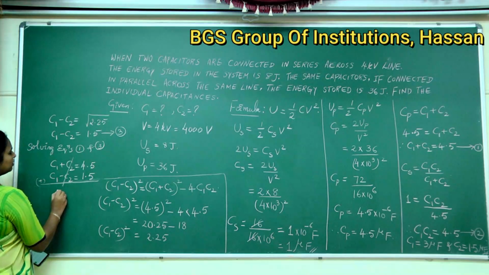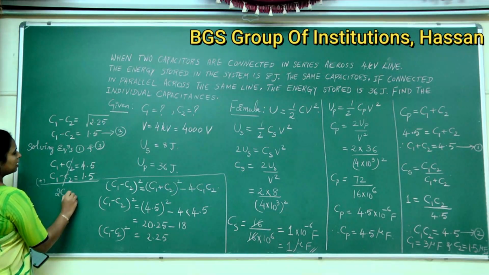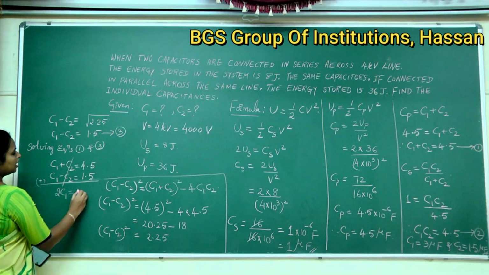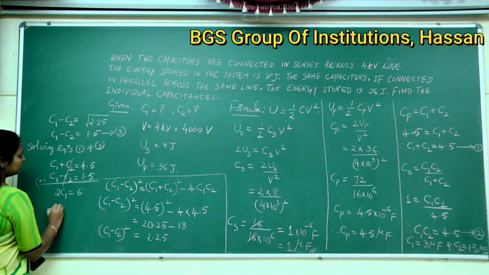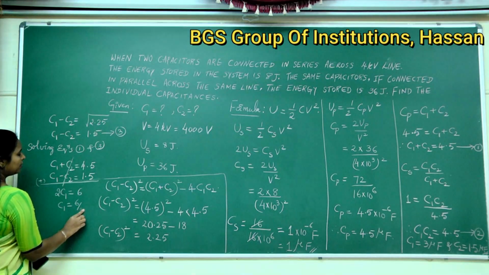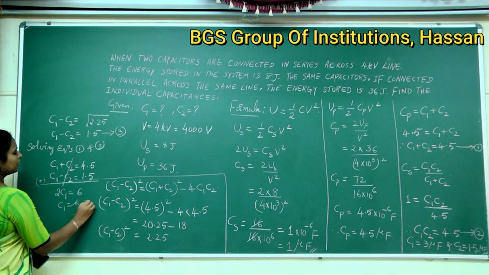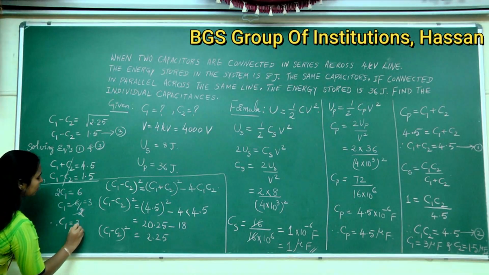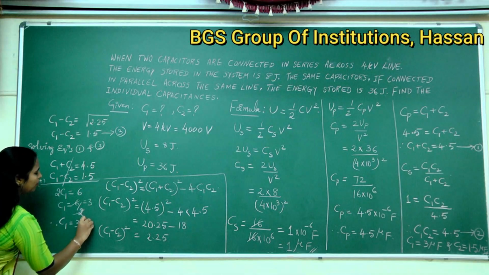Here C1 plus C1 is 2C1 is equal to 4.5 plus 1.5, it is 6. Therefore C1 is equal to 6 by 2, that is 3. Therefore C1 is equal to 3 mu f.